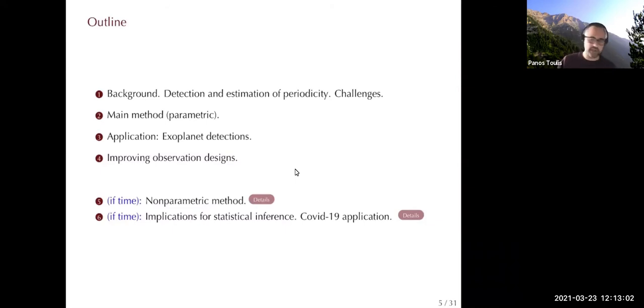Now, if there's time, I can talk about other things, especially to statisticians who might find it interesting, especially about how this method that I propose today relates to what it implies for statistical inference at large. Because I'm going to argue that our method is a third way of doing statistical inference, which is distinct from asymptotic frequentist, and also distinct from Bayesian methods as well.